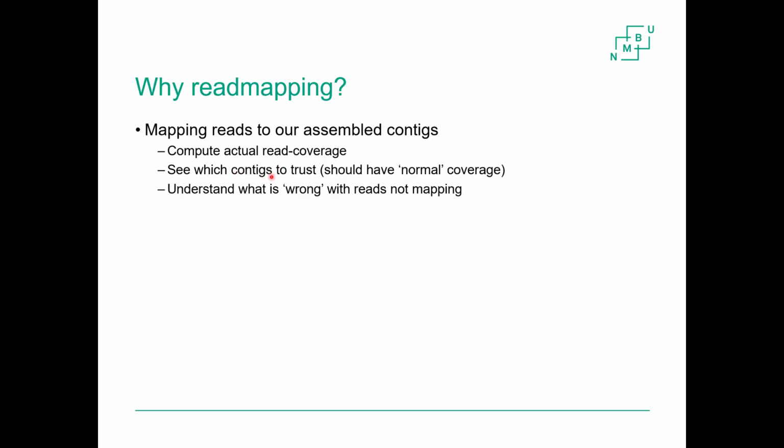This can be used to evaluate the contigs, to see if you have normal coverage, because when you do single genome sequencing, in principle all the contigs should have more or less the same coverage, right? We know that coverage varies a little bit due to the Poisson distribution, but not super much.